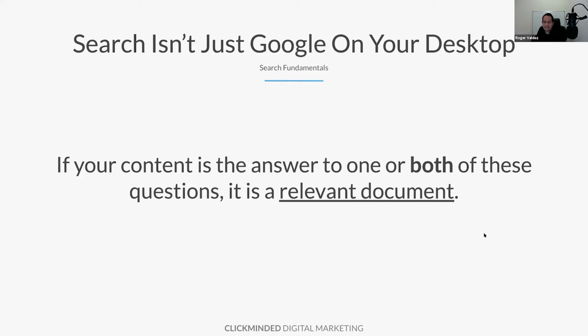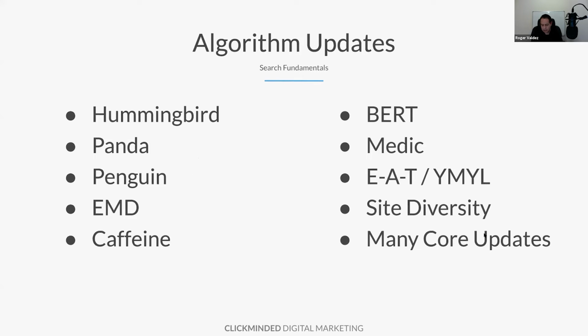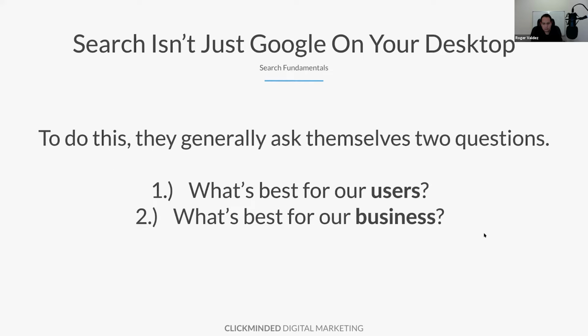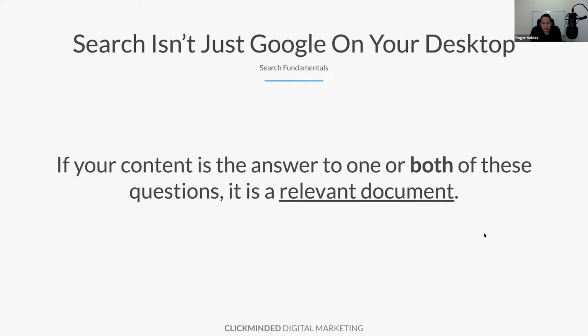The main focus is to answer two main questions. Let me go back to that one. Here we go. So your content has to answer two main questions to be relevant. What's best for our users and what's best for our business, right?